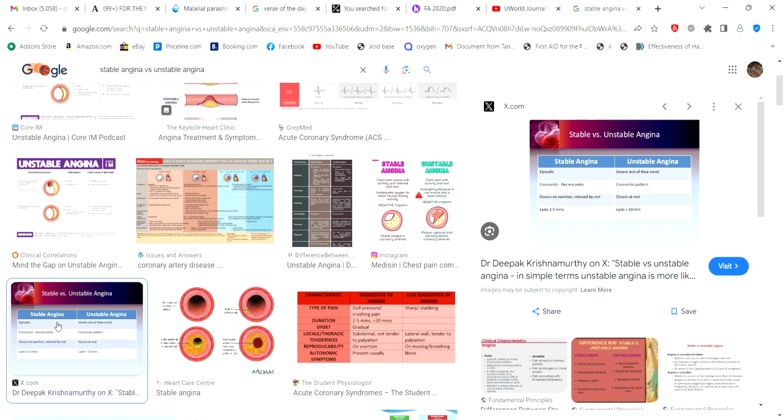It lasts 2 to 5 minutes. So that's the one that's stable. You give nitrates, beta blockers, and calcium channel blockers.